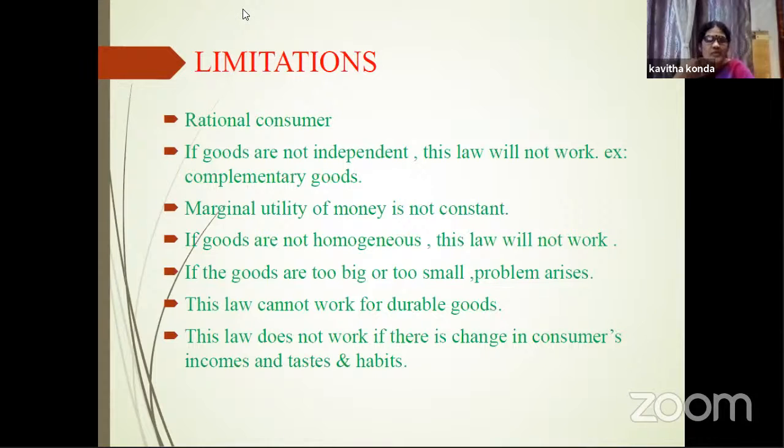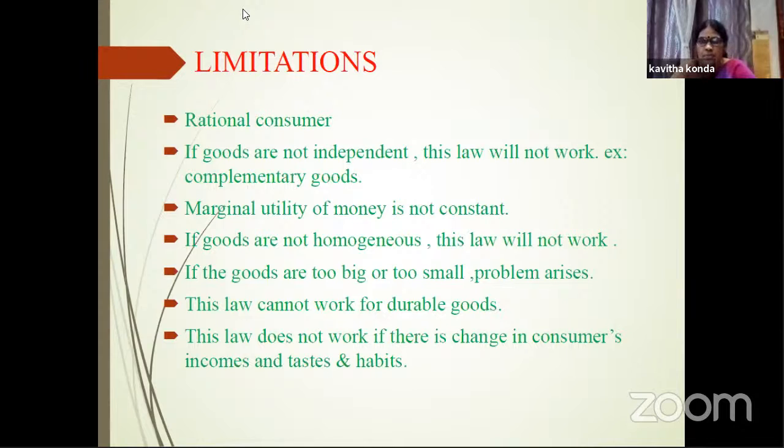But all those assumptions are not real and may not work in actual life. Why? Because the consumer is assumed to be rational, always looking for maximum satisfaction. And mostly the goods, according to him, are independent, but this law will not work here. Why? Because complementary goods also exist, where the consumption of one good depends on another good.